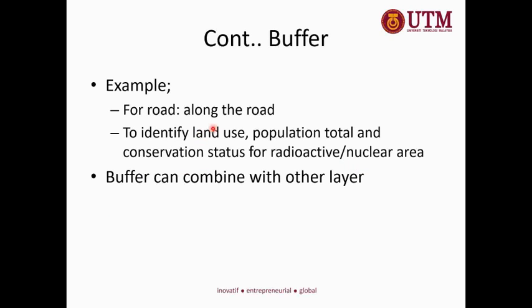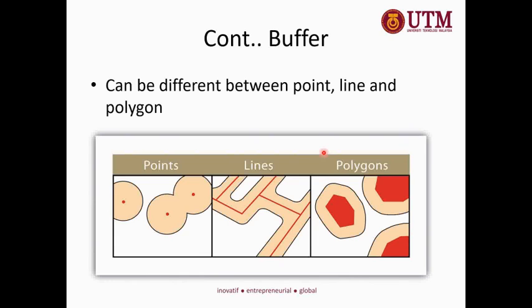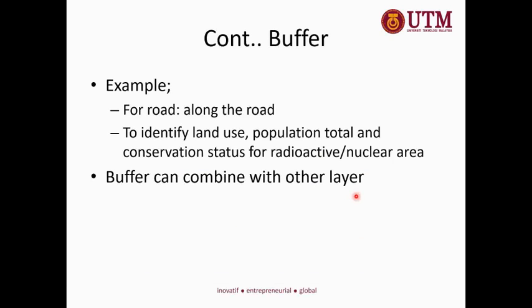Alright, for a road they will do the buffering along the road, as I previously showed, like this, along the road. For a polygon, around the polygon. So for example, to identify land use, population total and conservation status for the active or nuclear area. So buffer can combine with other layers, not only one area.